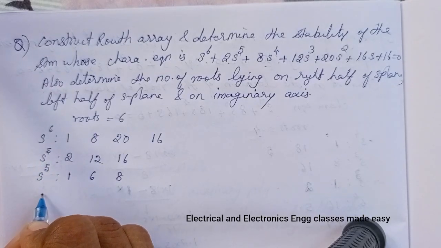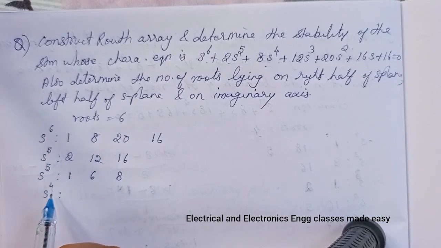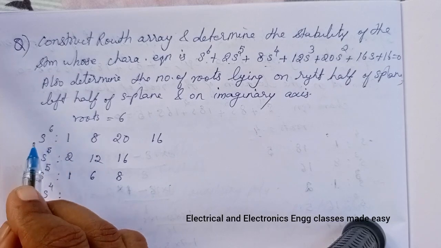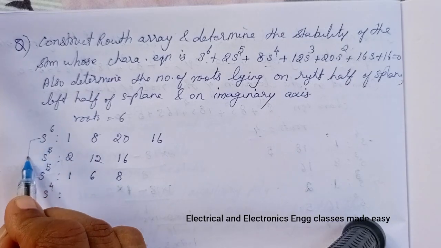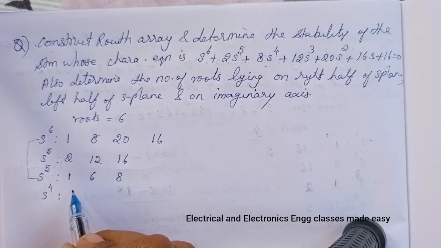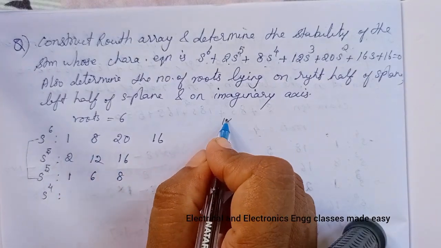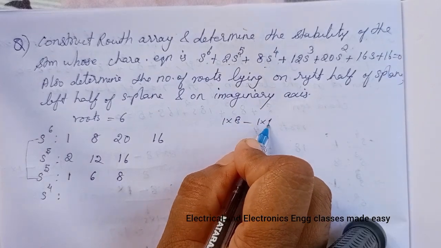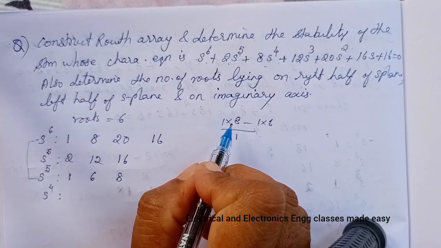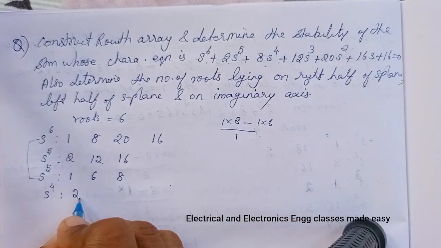Now we have to construct s raised to 4, and s raised to 4 elements are obtained with the above 2 rows. So these 2 rows we have to consider, and here s raised to 4, the first element is 1 into 8 minus 1 into 6 divided by 1, that is 8 minus 6 is 2.